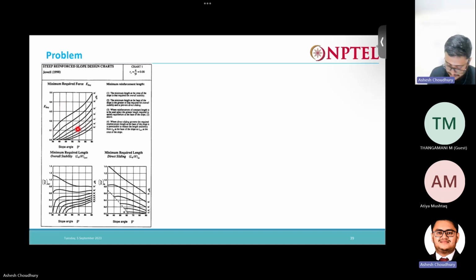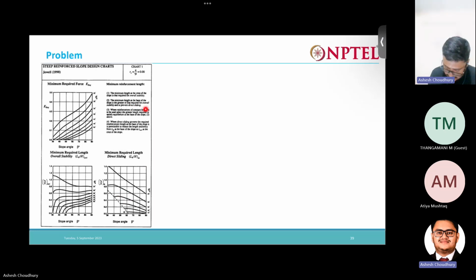The second chart gives the minimum length that is required for the overall stability of the system. And this chart gives us the minimum length at the base of the slope that is required to prevent direct sliding.